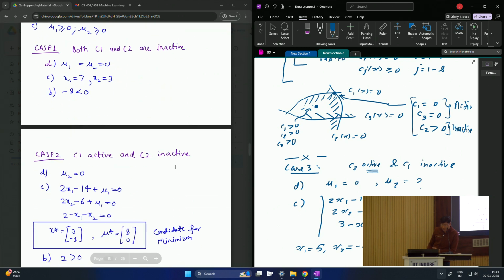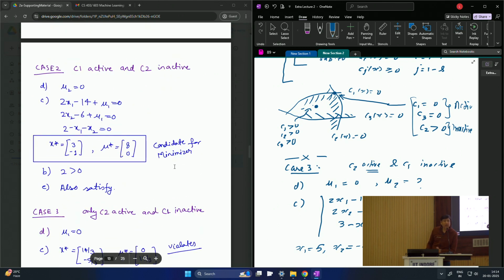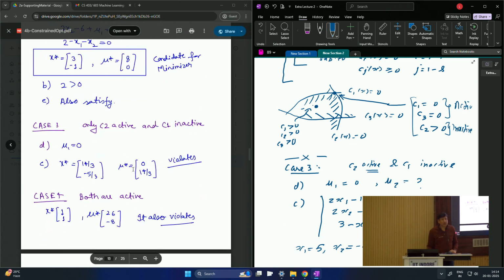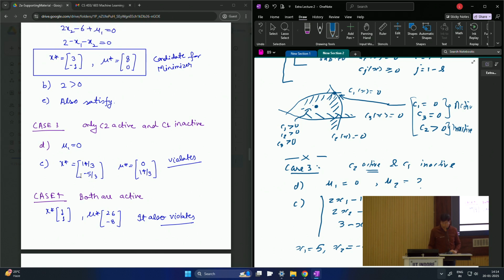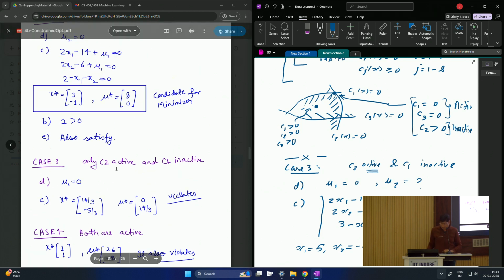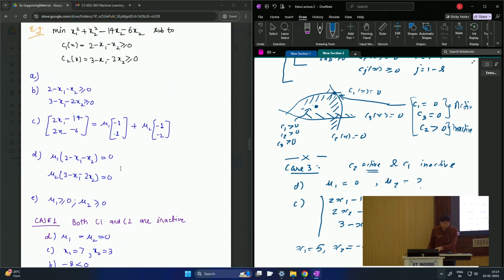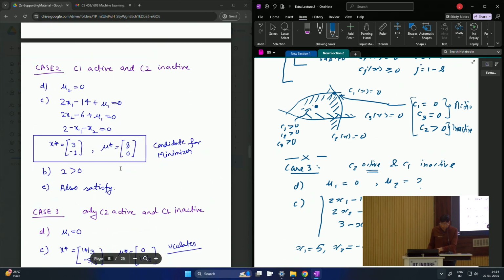Anyway, you solve it. It's not complicated. You will get this, but one of the constraints will not get satisfied, and then you will get that this violates. We did the C condition, and this was not written correctly. We should have checked for this. Now we are taking C2 as active, so we'll have to check for C1 with this value.